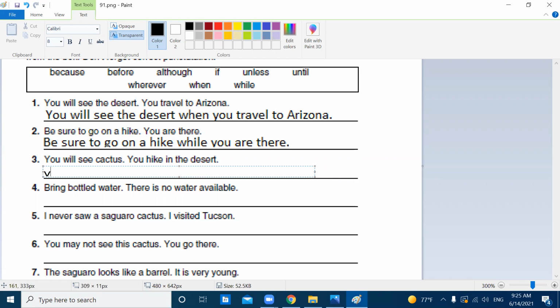Okay, so you will see cactus while you hike in the desert.